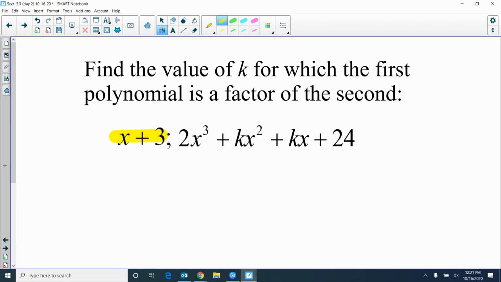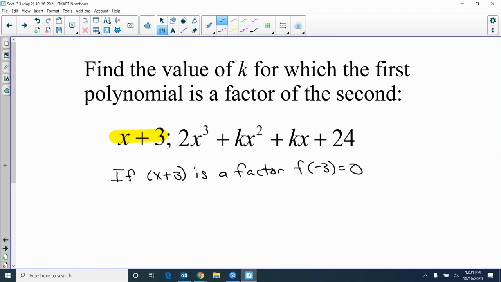So if I'm checking to see if x plus 3 is a factor, that means f of negative 3 has to equal what? 0. So if x plus 3 is a factor, f of negative 3 has to equal 0. All right, I'm going to use synthetic division.